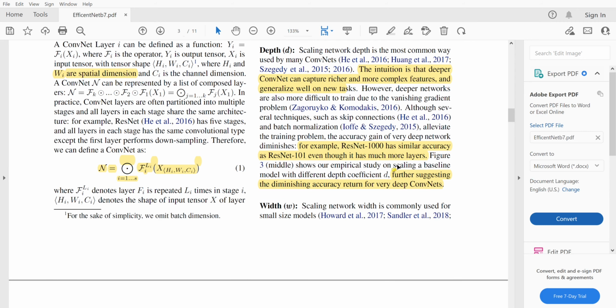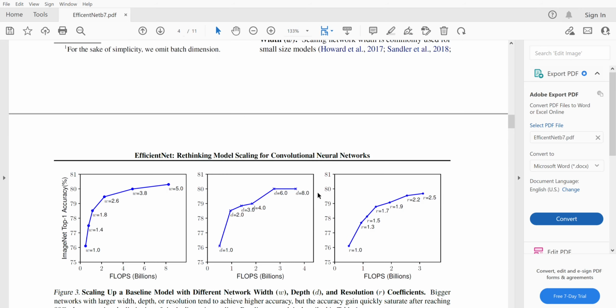They are further suggesting that accuracy improves, but with diminishing returns as you scale the network depth in a deep network. Let me explain this to you. Here it is, depth. When the depth is 1.0, accuracy rises at 2.0, and then 4.0.